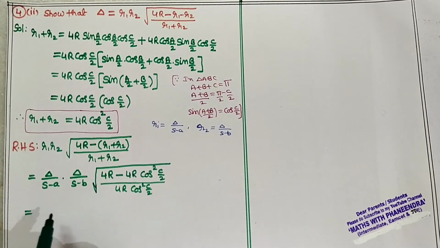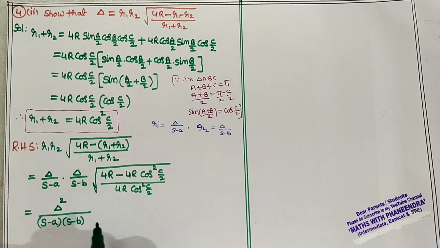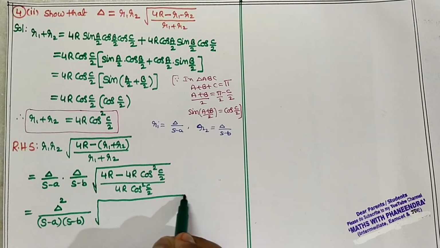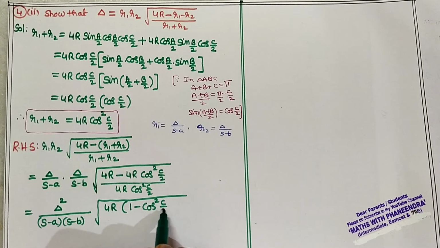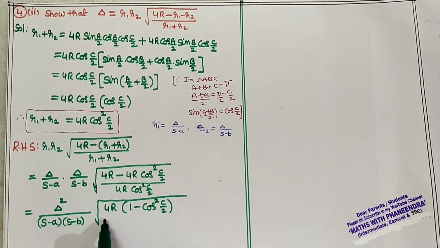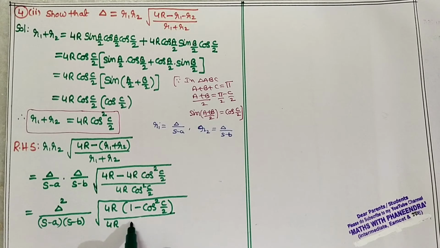So which is equal to delta into delta is delta square divided by s minus a into s minus b, square root of 4r take common 1 minus cos square c by 2 divided by 4r into cos square c by 2.